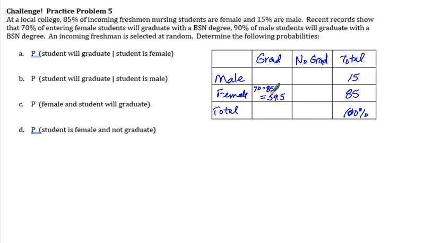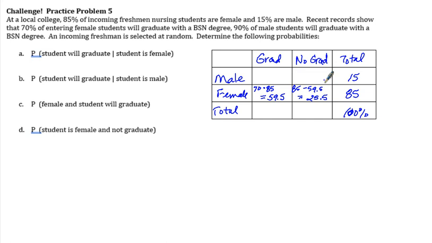That's multiplied together. Those two events are multiplied together to get 59.5%. Now we could do the same thing over here, but it's easy enough to say, well, 59.5% of the 85 are graduating. That means 85 minus 59.5 aren't graduating. So that's 25.5% of the whole group.